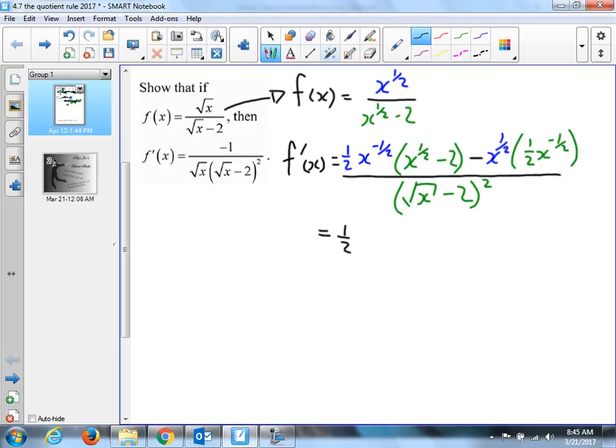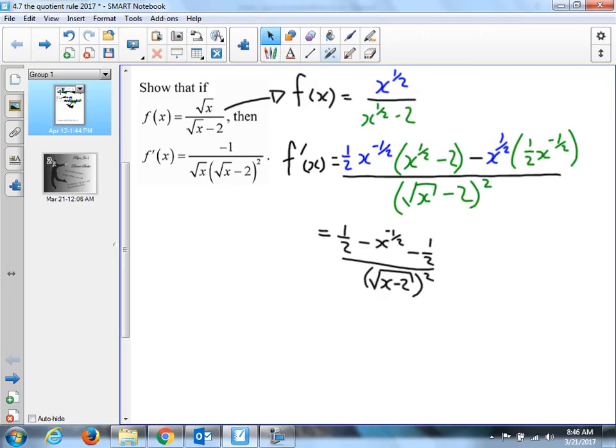Subtract 2 times 1/2. So subtract x to the 1/2 negative. Subtract 1 x to the 0. I'll pause for a minute.